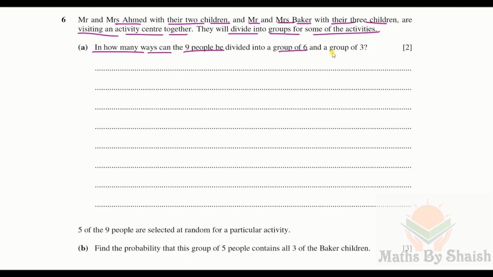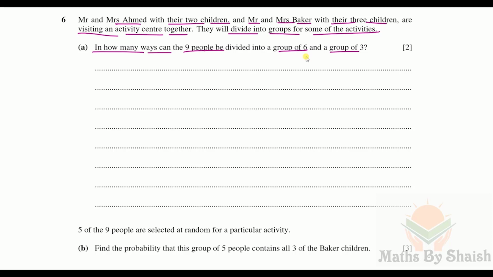So since there are 9 people altogether, and if we divide them into 2 groups and one is containing 6, another has to contain 3 members. So it does not matter if you are making a group of 3 or making a group of 6, because the other group will be automatically formed.